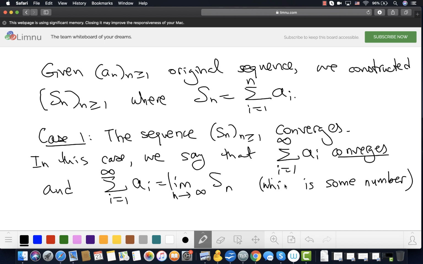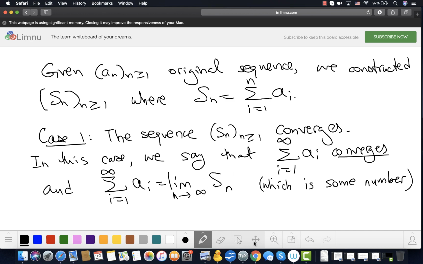Okay, so I'm just defining what it means for an infinite series to converge. It means that the corresponding sequence of partial sums converges. And when we speak of the value of the infinite series, what we really mean is the limit as n goes to infinity of these S sub n's.